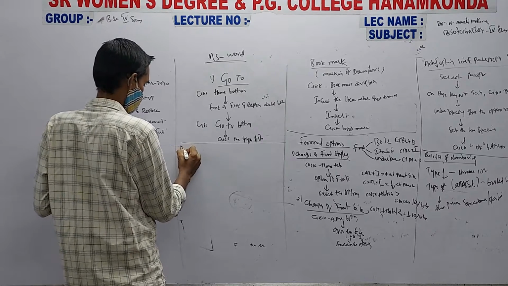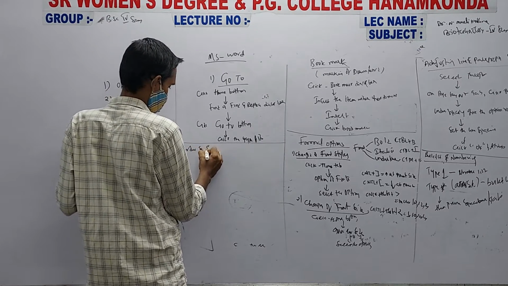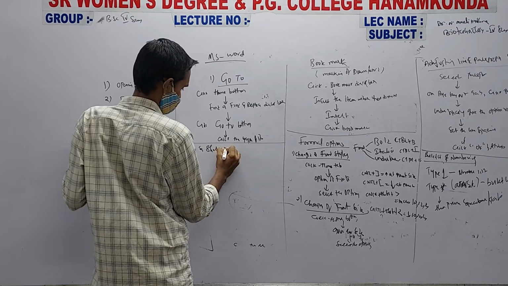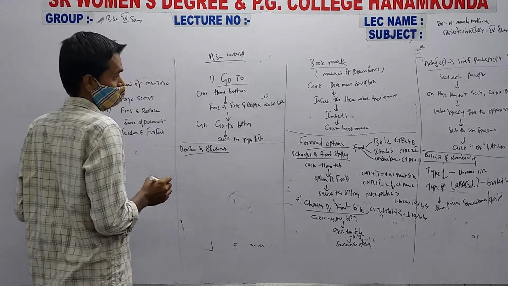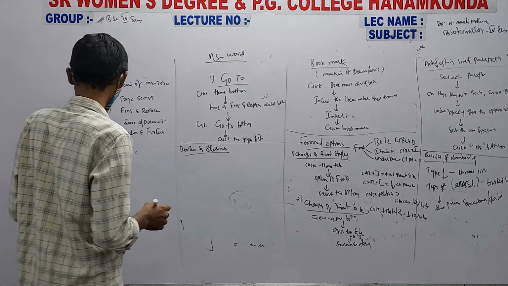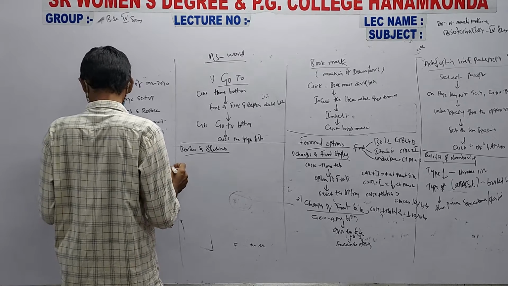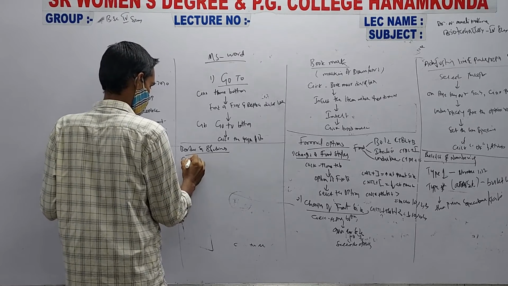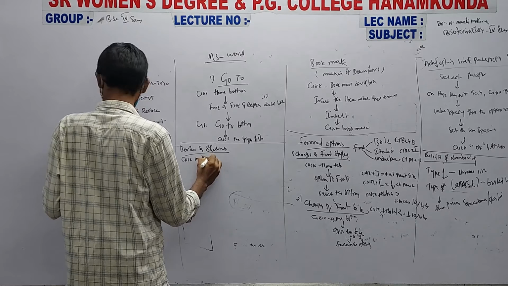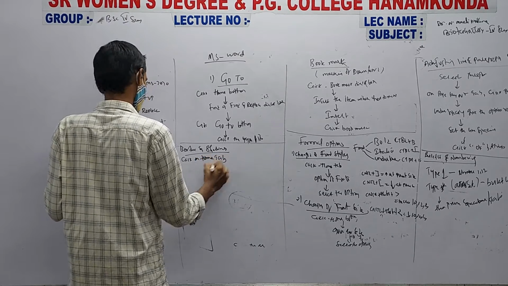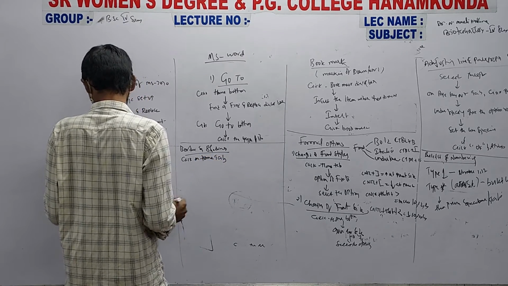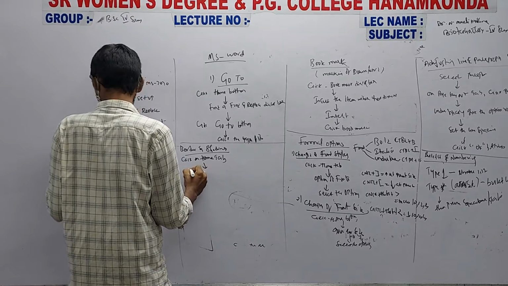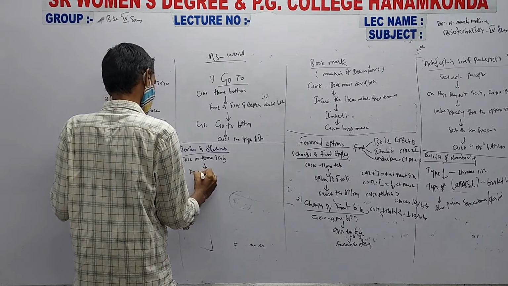Next, borders and shading. Click on the Home tab. Next, click on page border.